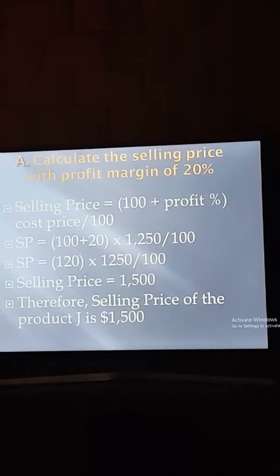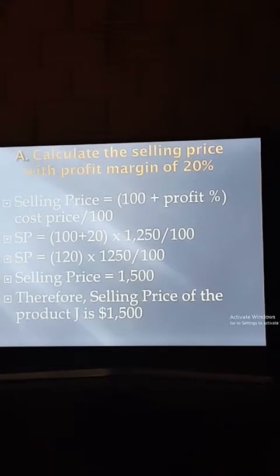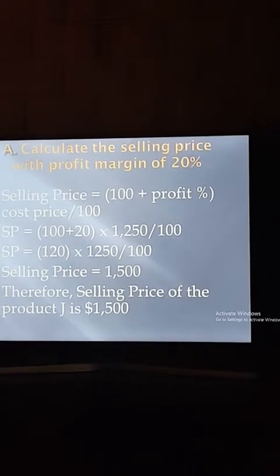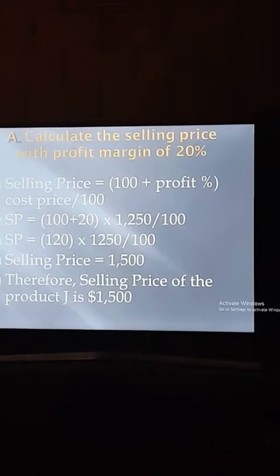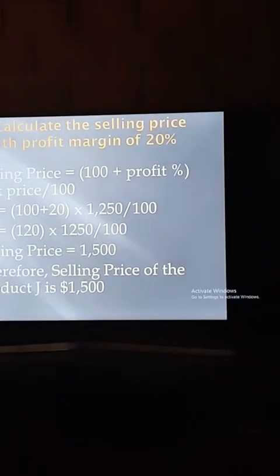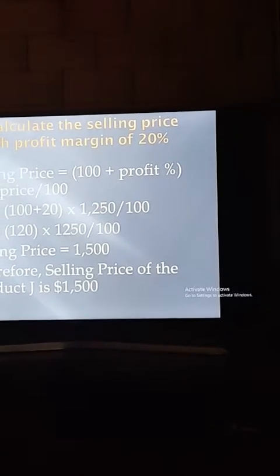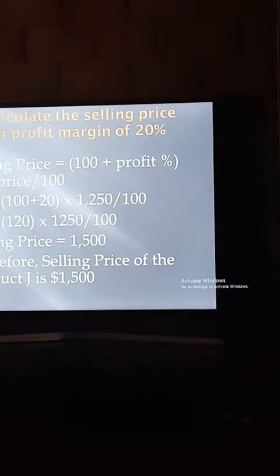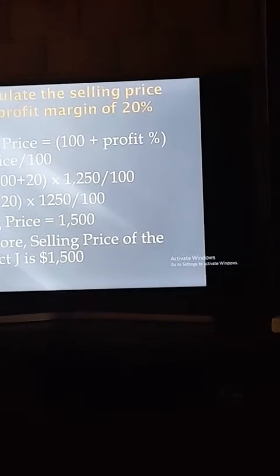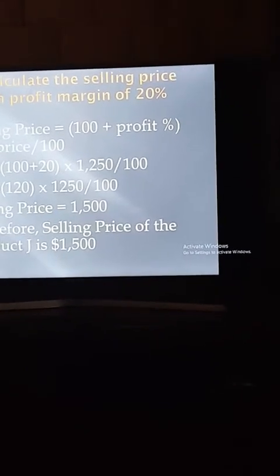So selling price becomes 120 times 1,250 over 100, which makes the selling price 1,500. Therefore, the selling price of product J is 1,500. This is how we get the selling price using the profit margin, which for this example was 20%.